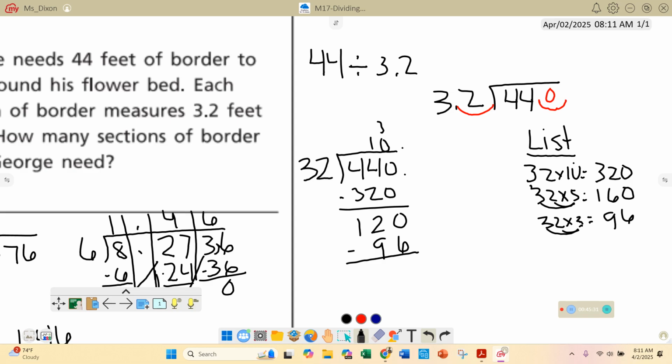All right, 0 minus 6 we cannot do. So we have to regroup. That becomes 4. Regroup again. That becomes 11. So we end up with 34.